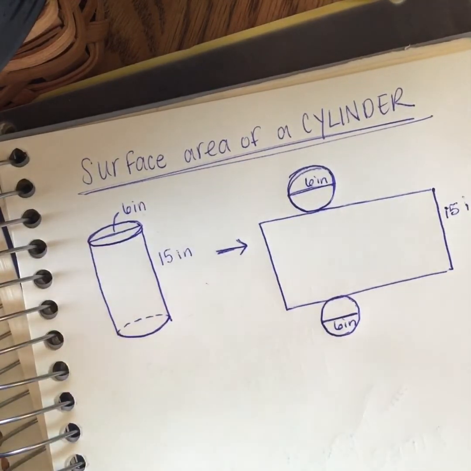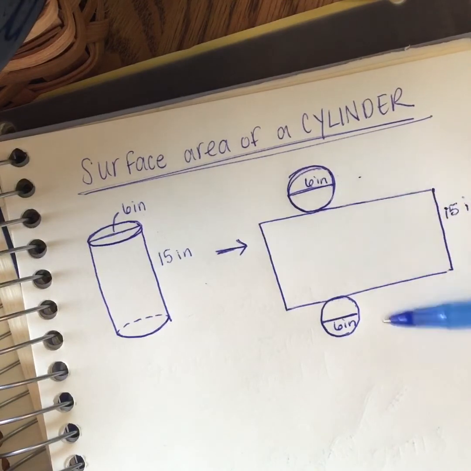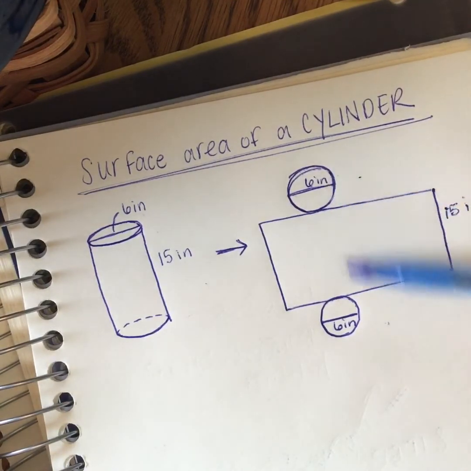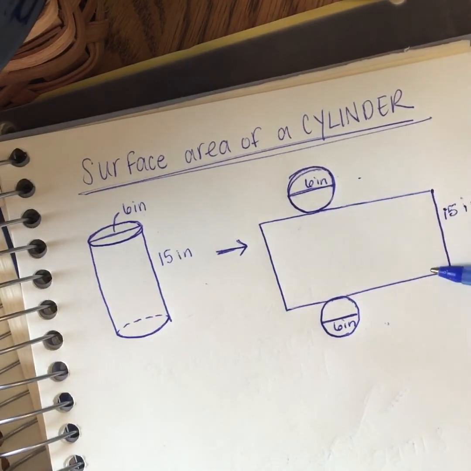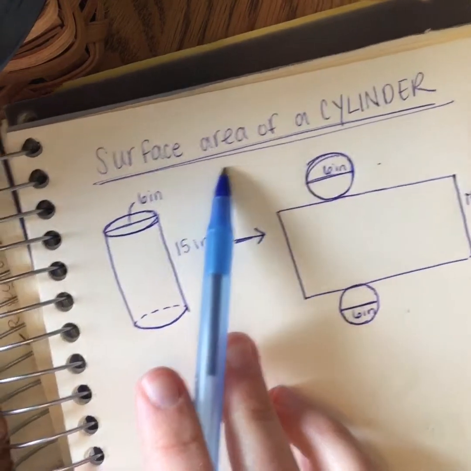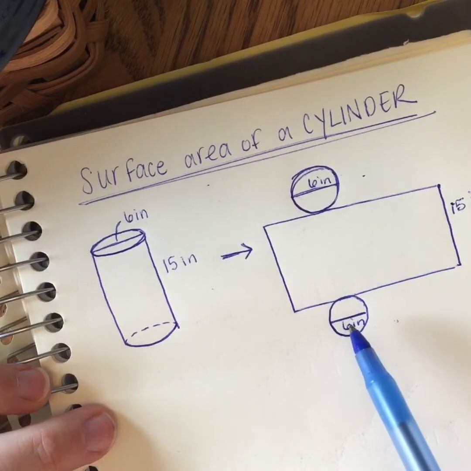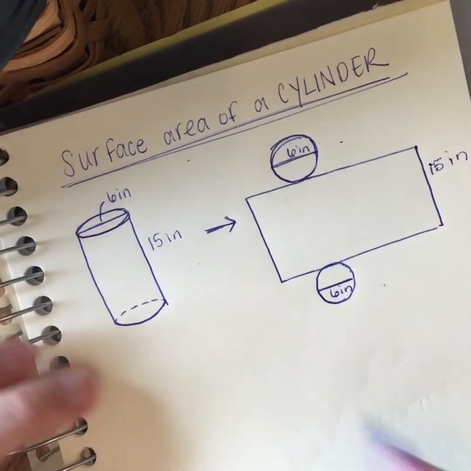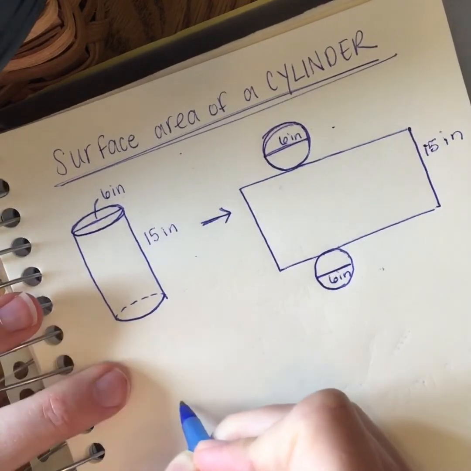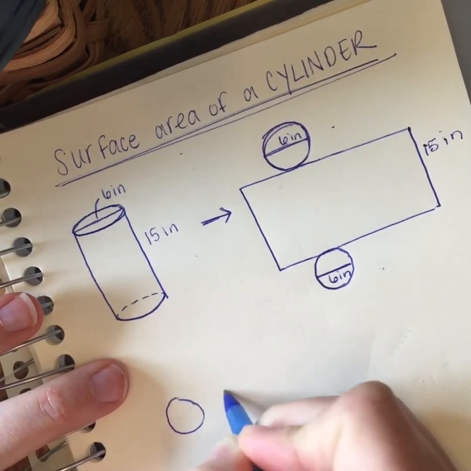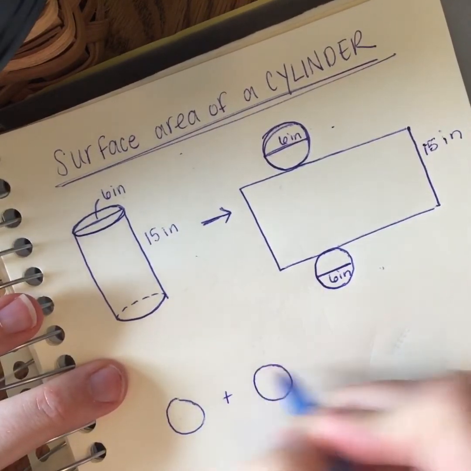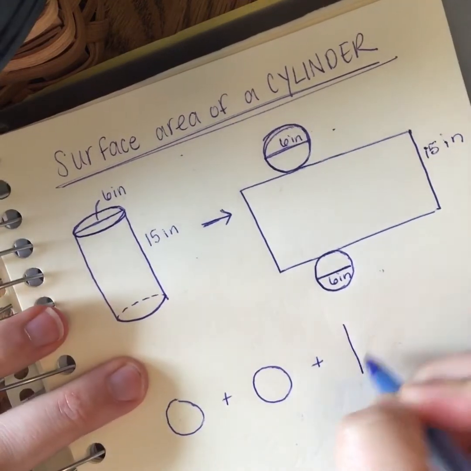So here are the three shapes. We have two circles that are exactly the same and one rectangle. So to find the surface area, we once again are going to find the area of all of the shapes and then add them all together. So we are going to want to add together two circles and one rectangle.